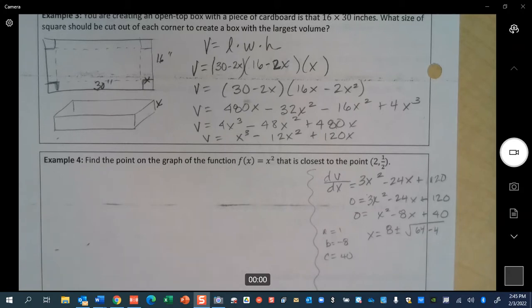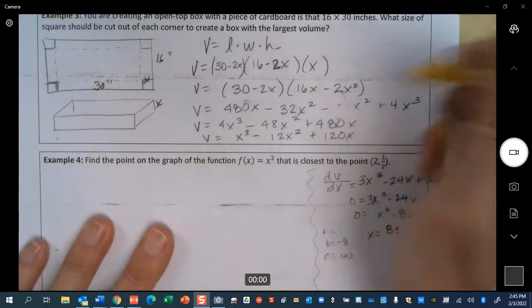First terms. Inside terms. First terms. Inside. Oh, this shouldn't be 16. This should be 60. Right?